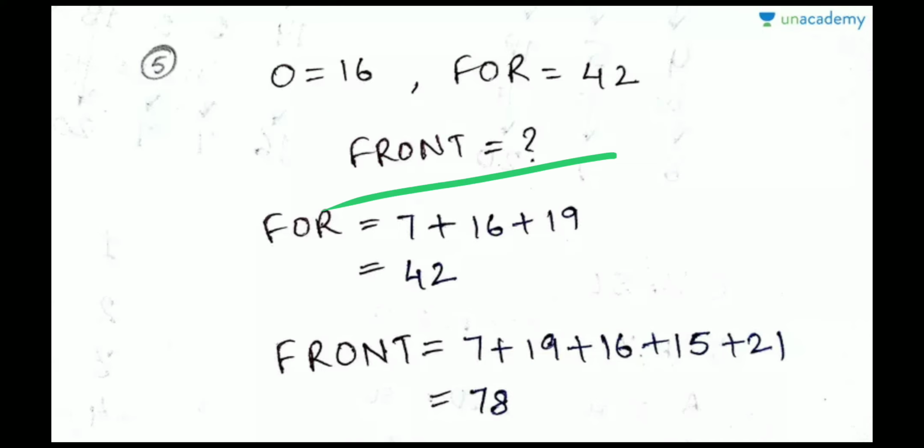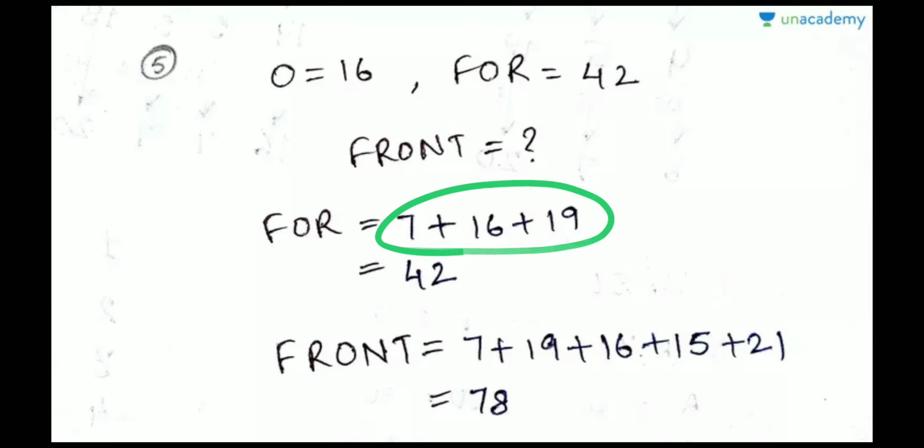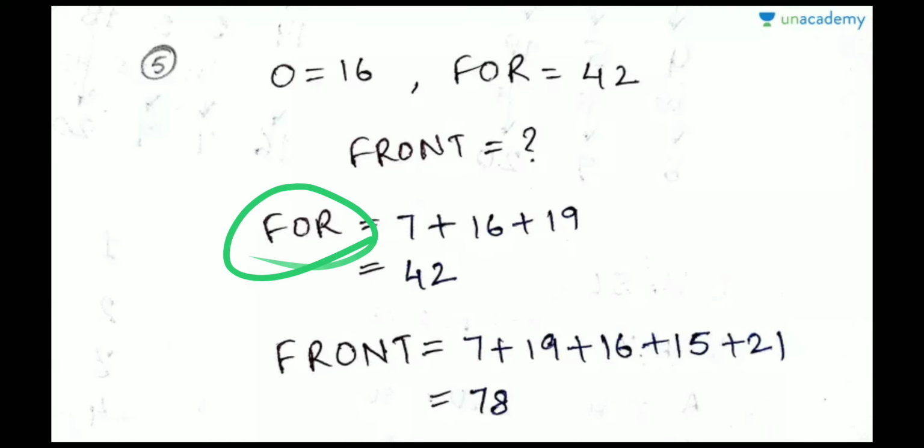Now here just simply add the position of these letters. F is at 7, O is at 16, R is at 19. See here what they have done to get the position of these letters like FOR: they have added 1 to each of them.